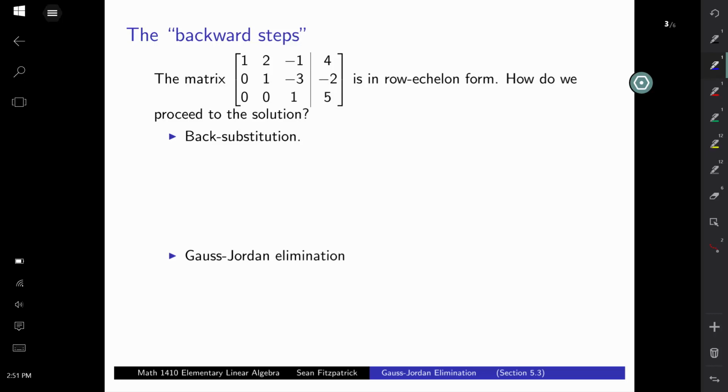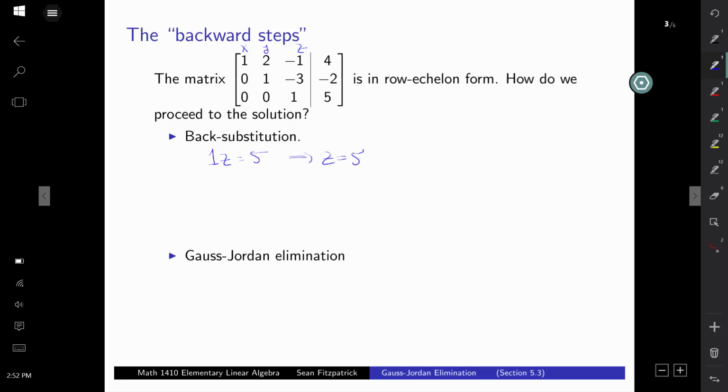Well, there are two ways that we can proceed to the solution from a row echelon form. One is using what's called back substitution. So we look at that bottom row first. Let's label these columns X, Y, Z. The bottom row says that 1 times Z equals 5, so Z equals 5.